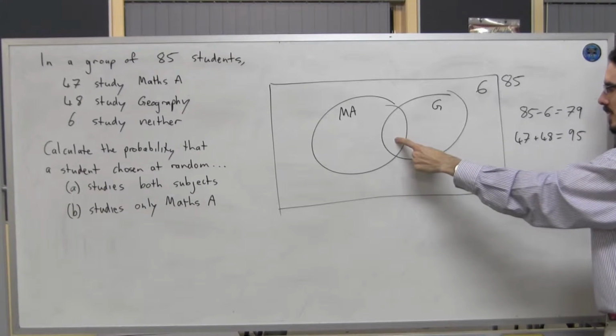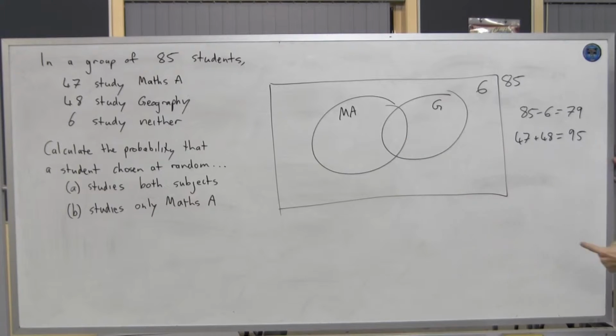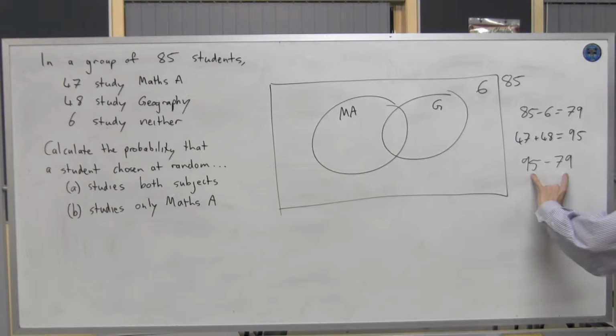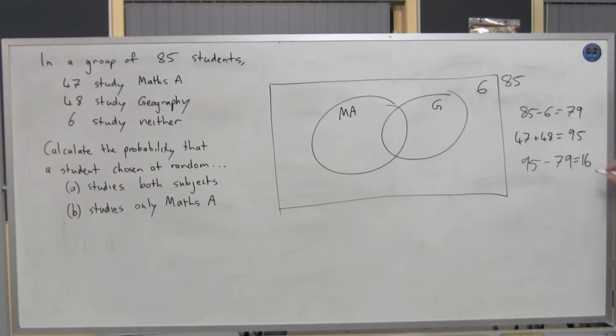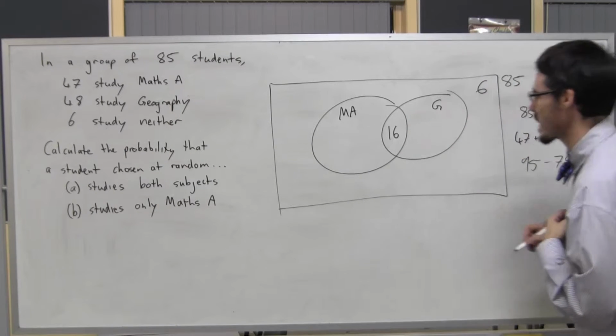How many do both? Well, how many too many do I have? 95, take away the 79, will tell me. I could probably do that in my head. 95 minus 80 would be 15, so there are 16 students who must study both.